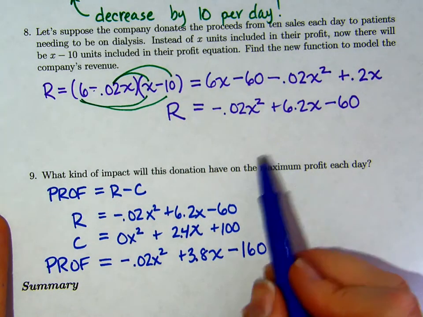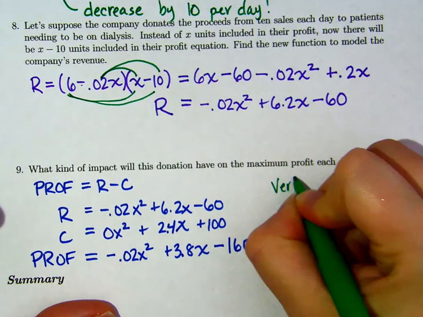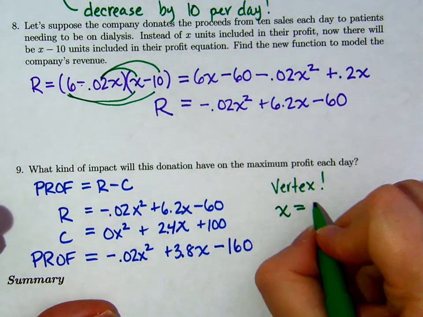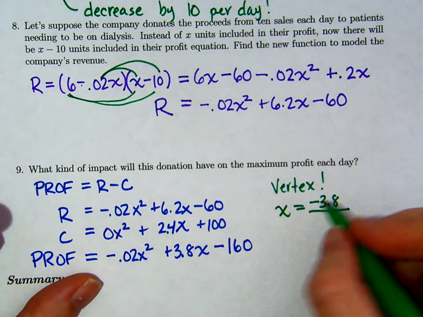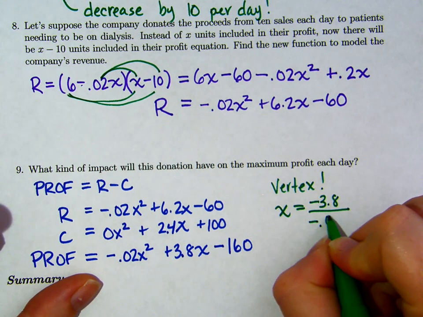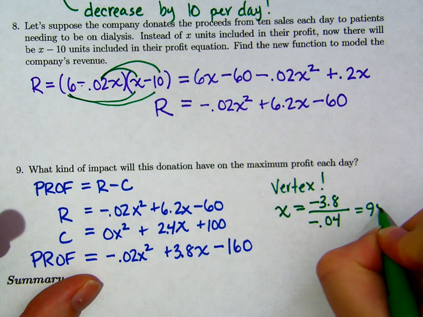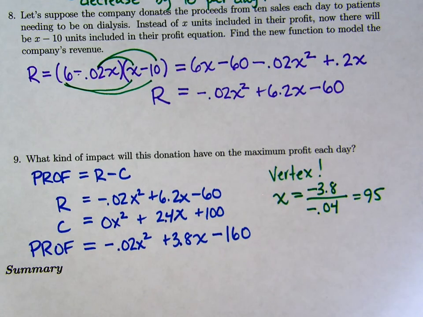And it says maximum. That means we need the vertex. Vertex x is equal to the opposite of b over double this a. Negative 3.8 divided by negative 0.04. So it's going to take 95 units to be made and sold in order to maximize our profit.